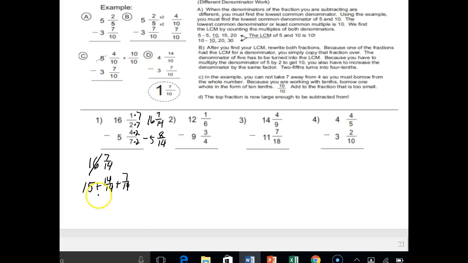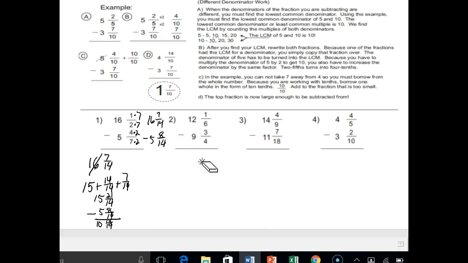And now I'll simplify this, so it becomes 15 and 14 plus 7 is 21/14 minus 5 and 8/14 gives us our answer. 15 minus 5 is 10. 21 minus 8 is 13/14. Sorry, I wrote that kind of jammed together like that. Try and make sure that yours looks a little bit neater than mine.